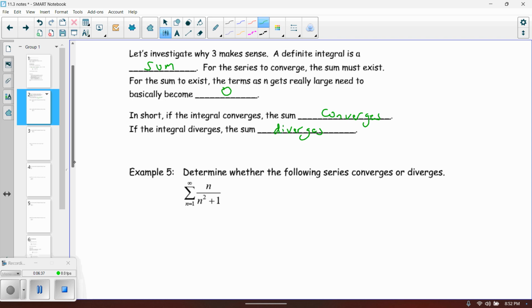Is it going to be continuous, positive and decreasing? Well, it's positive because all the values of n are going to be positive. Everything you're plugging in is going to be positive. It's continuous if you create a function out of that because nothing makes your denominator 0 in the real number system. And the only other thing you would have to check for is, is it decreasing?